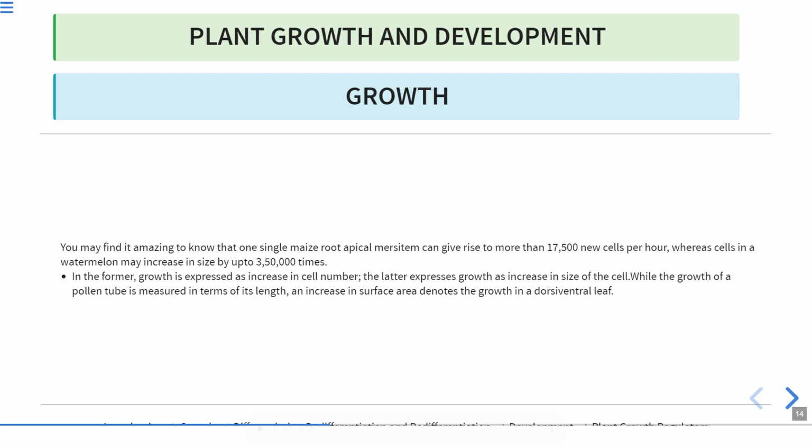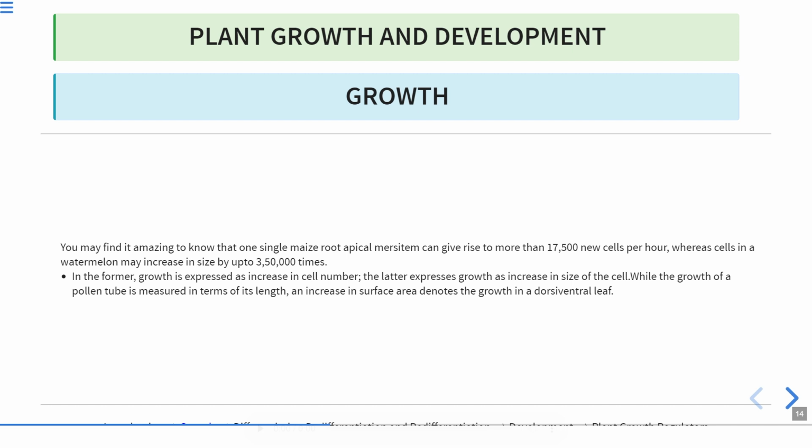It helps in the germination of the pollen tube. Okay, so the pollen tube emerges out from the pollen grain, and this pollen tube penetrates the stigma region, and it also penetrates the style part, and it goes down, right? So the growth of a pollen tube is measured in terms of its length, so you can measure the length of the pollen tube.